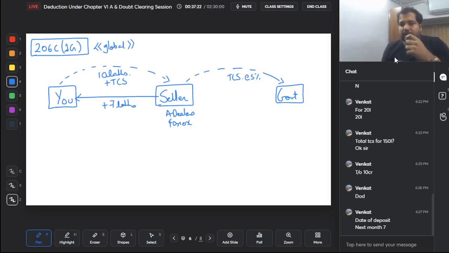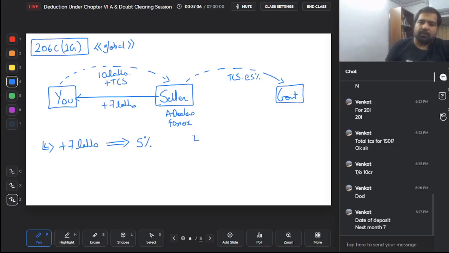That means on small amounts, let's say you are transferring 50,000 rupees abroad, no TCS. Only if the amount is more than 7 lakhs, then TCS will apply at the rate of 5%. Yes, receipt or debit, whichever is earlier.